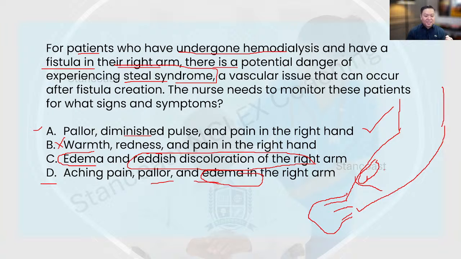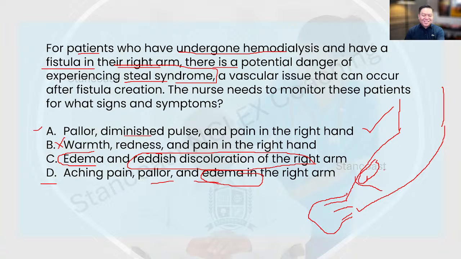It's because edema is less specific and it's more associated with a venous issue, like I've said in the previous option of letter C. And so that makes it a wrong option, okay? So think about this, edema is not one of those manifestations of arterial steal syndrome, no. So what you're gonna see here again is pallor because of the poor circulation, there is diminishing pulse, and there is the pain in the right hand.